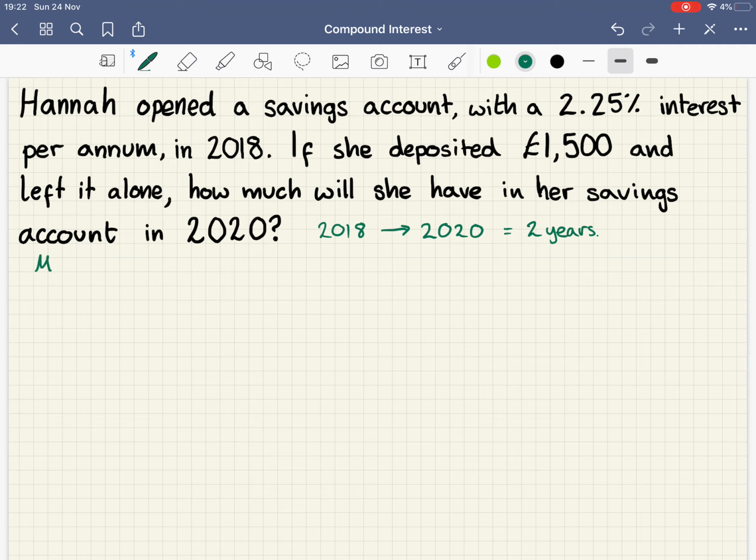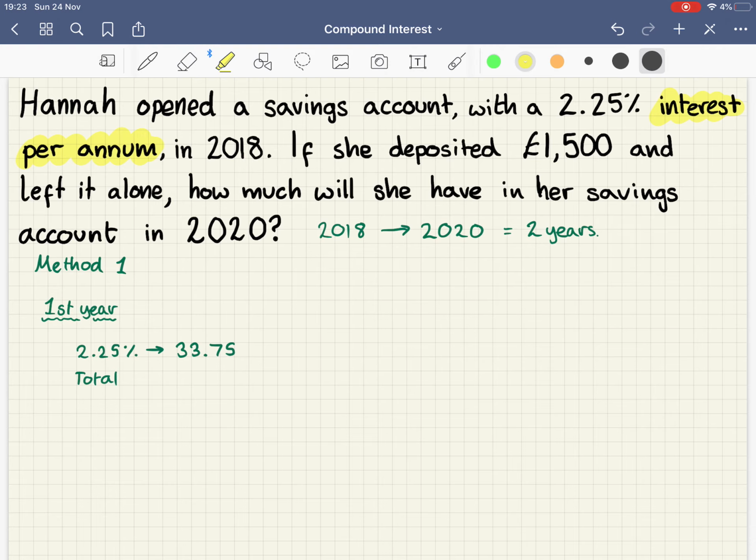So, using method 1. And again, I'm just going to be quick about it and highlight what you should be seeing for each part. So, for the 2.25%, you should have got 33.75, and the total, whenever you see interest per annum, that is an increase, that is an appreciate.